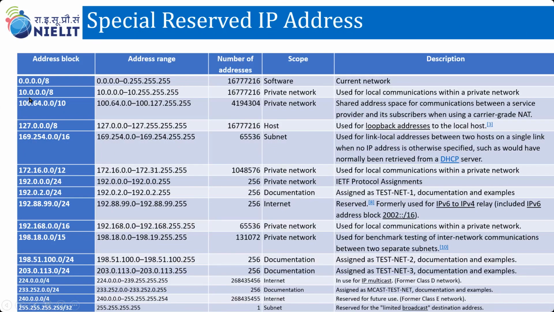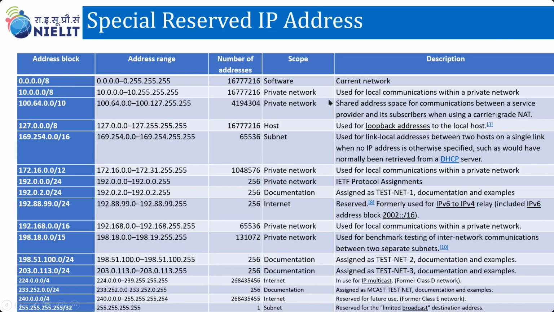For example, 10.0.0.0/8 is a private class A IP address. Similarly, 100.64 looks like a public IP address, but it is not a public IP address, it is a private IP address. What is the use of this private IP address?